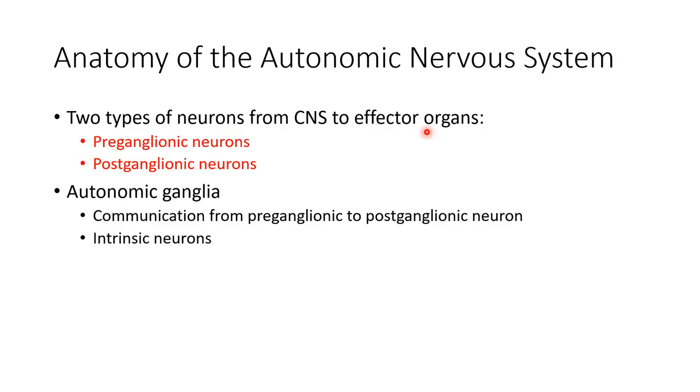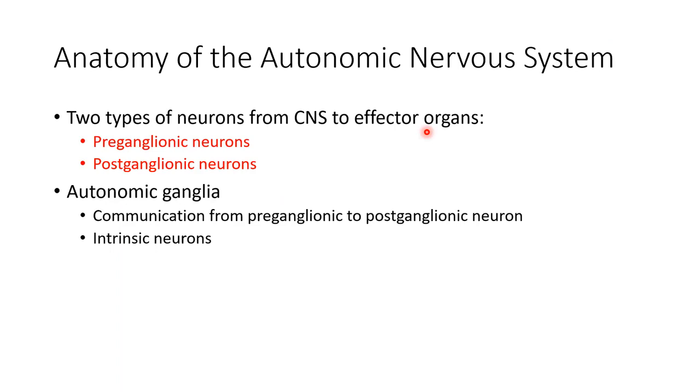Okay, so I'm getting another question here. Does the ganglia just refer to a synapse in the autonomic nervous system, or is there a functional difference from other synapses? That's a great question. It's just referring to a synapse that's not in the central nervous system. We do have other types of ganglia, but anytime there's a collection of soma or cell bodies that's not in brain or spinal cord, we call that a ganglia.